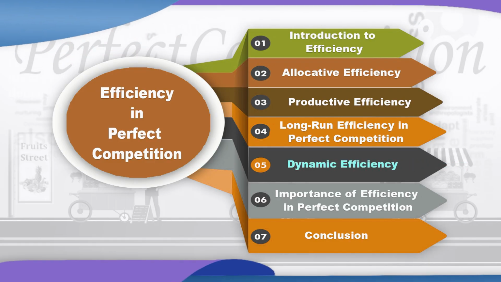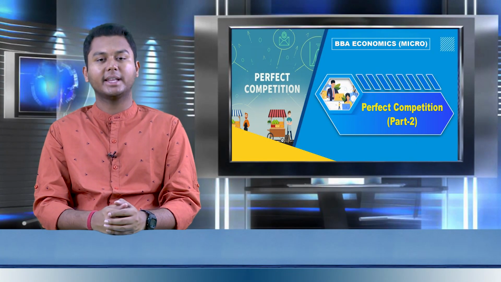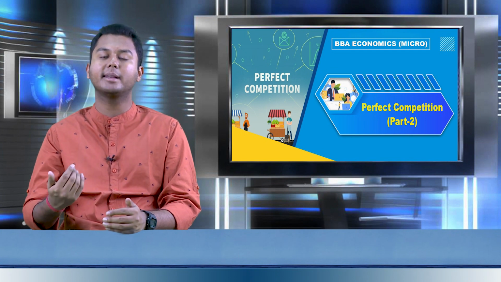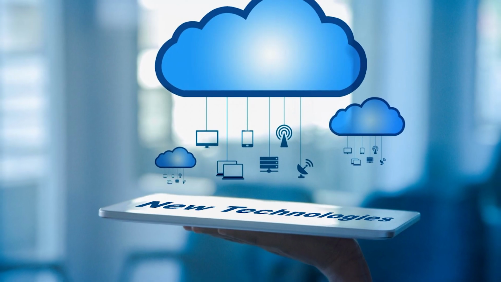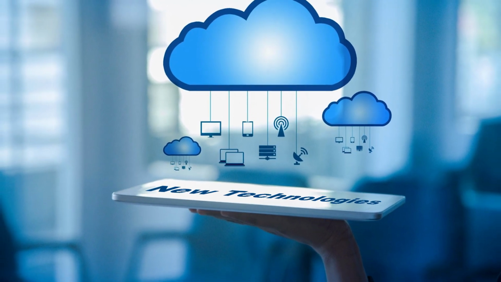If we talk about another concept called dynamic efficiency, then it can be defined as the ability of an economy or firm to improve its efficiency over time through innovation, investment in new technologies and improvement in processes.